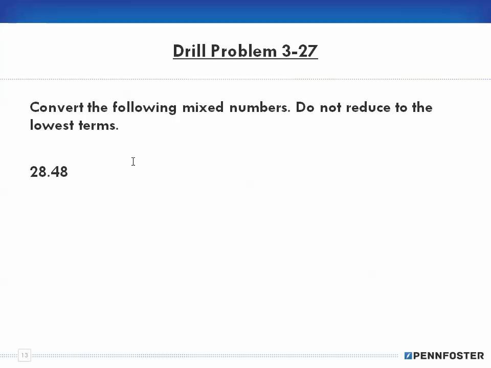Okay, it says here, convert the following mixed numbers, do not reduce to the lowest term. So again, remember that I had said in the previous video that the decimal place is extremely important, okay? Because the numbers to the left are whole numbers and the numbers to the right are fractions of a whole.